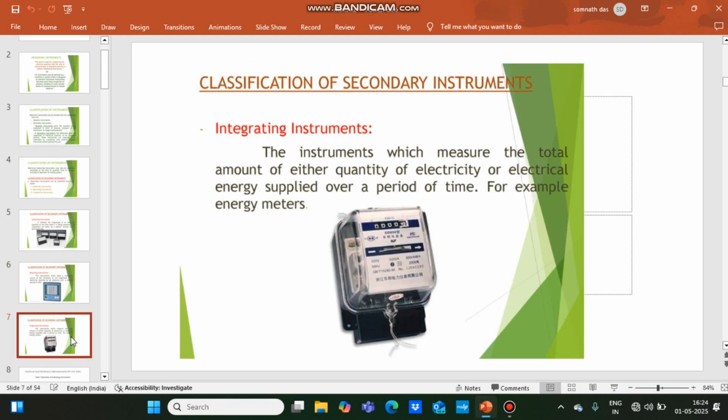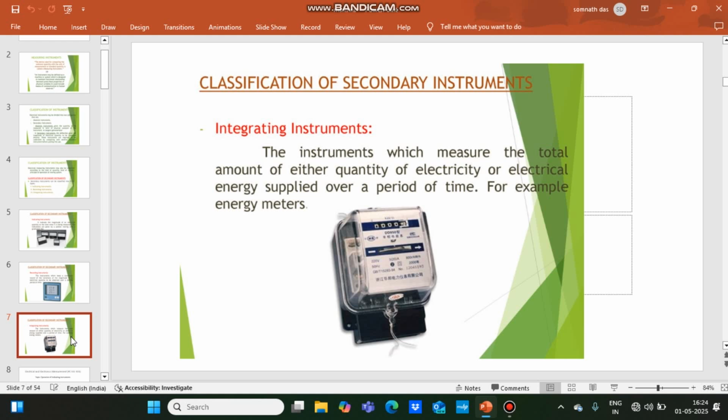Integrating instruments. These are the instruments which measure the total amount of quantity of electricity or electrical energy supplied over a period of time. This type of instrument is used where we have to add some electrical quantity over a time period, like energy.